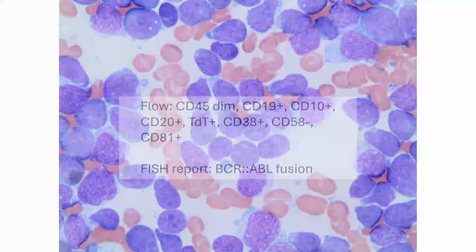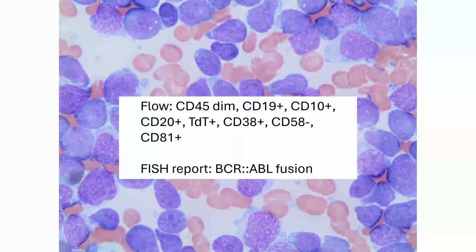By flow cytometry, they're dim for CD45, express CD19, CD10, CD20, TDT, CD38, negative for CD58, positive for CD81. On FISH report, we detect a BCR-ABL fusion.